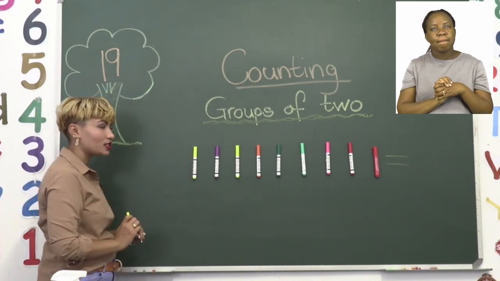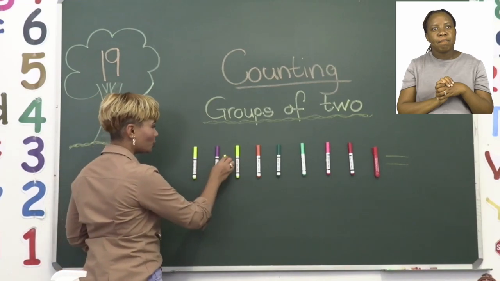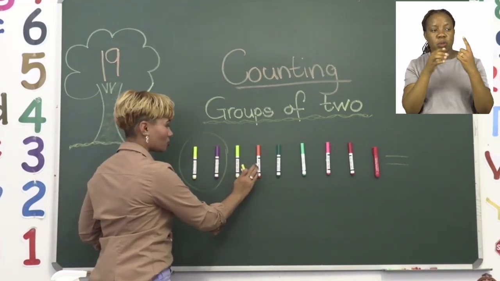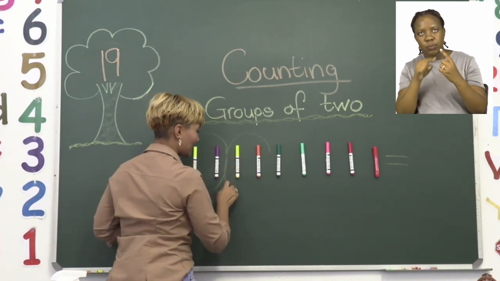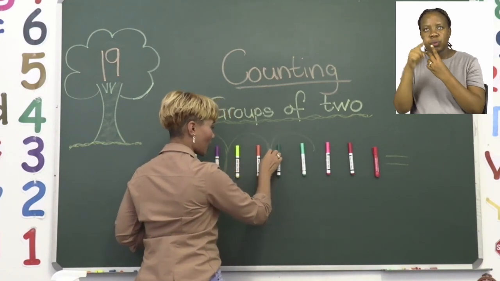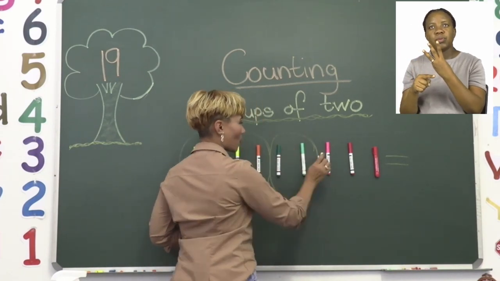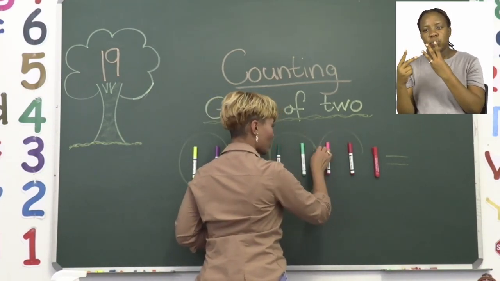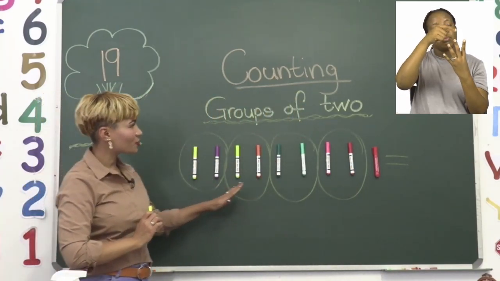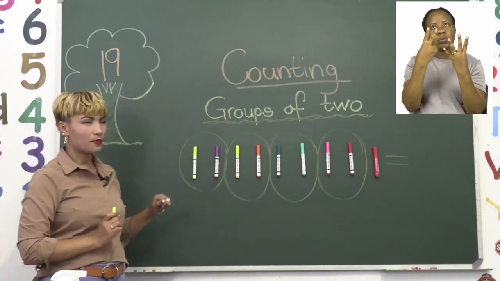So what you do is you count 1, 2, and then you group; 1, 2, and then we group; 1, 2, group; 1, 2, group. There we go. So now we have grouped all these markers.